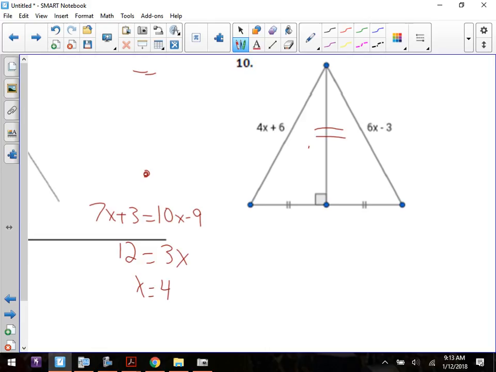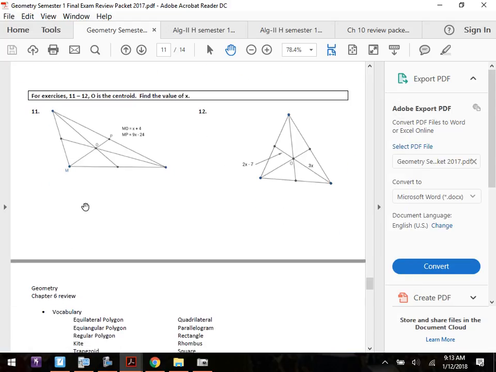So let's see, 9x, 4.5, or 9 halves, however you want to write it out, or however they give you the information. Remember, a perpendicular bisector always creates isosceles triangles. Centroid. Centroids were the weird one.